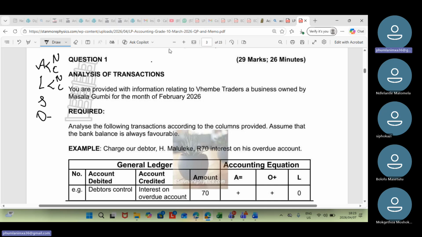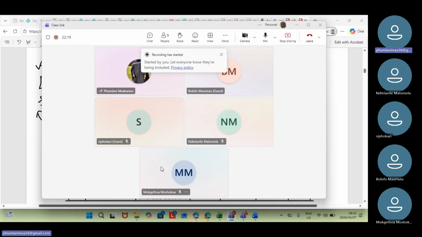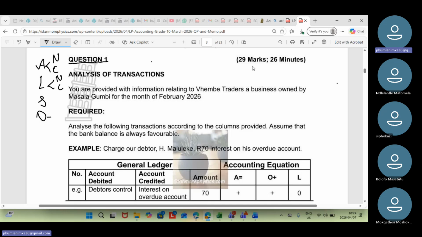So here's question number 1, from a past paper. That question was out of 29 marks. Learners were given 26 minutes to complete the question.